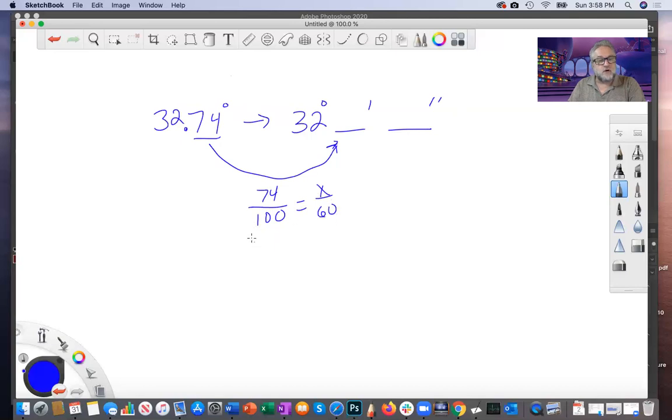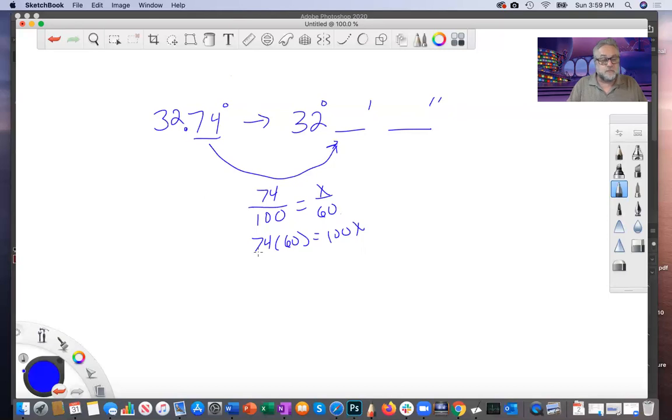And again, I'm going to cross multiply. And where's Mr. Calculator? Oh, Mr. Drawer. You've probably already calculated it, but I'm slow. 60 times 74. Did I do it right? I did it right.